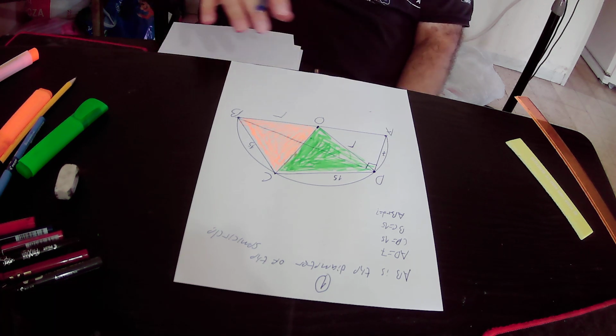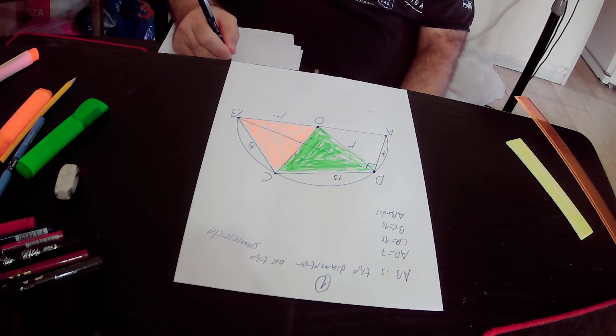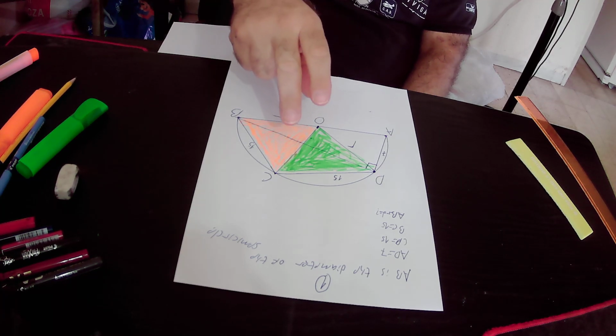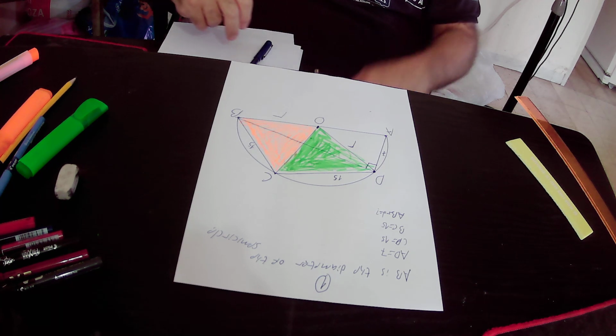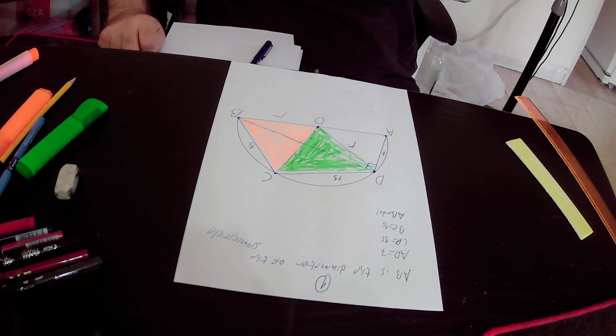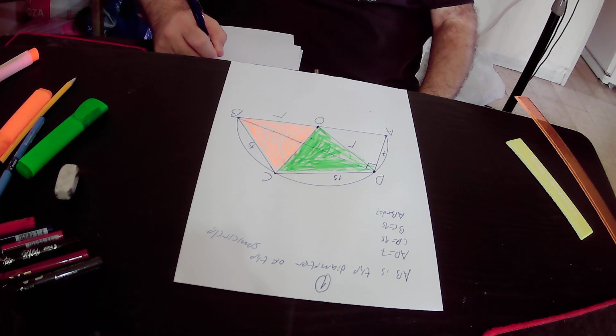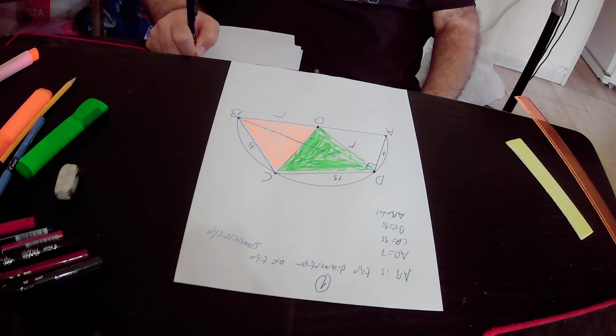And OC is a common side because it belongs to the green triangle, and side OC also belongs to the orange triangle, triangle OCB. Therefore, we can write down that OC equals OC. It is a common side. It belongs to both triangles.